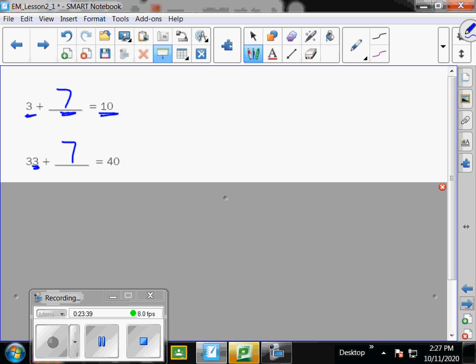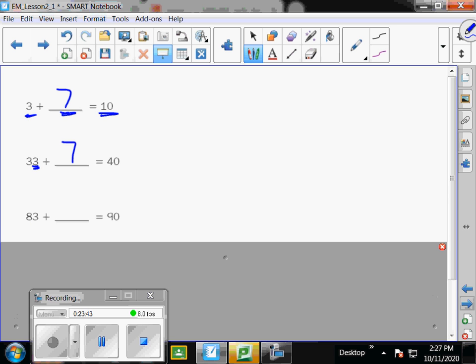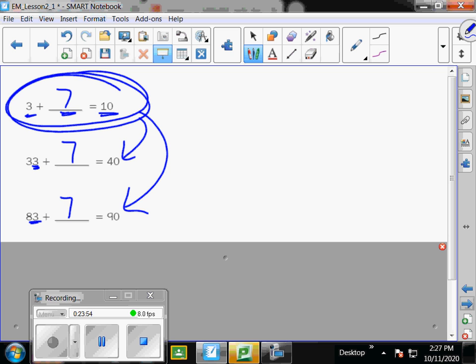What's the next 10 after 30s? It's 40s. Okay. And then again, 83, if you know that 3 plus 7 is 10, so this is the important problem that's going to help you to solve these problems, then you know that 83 plus 7 equals 90. Because see, we're just getting to that next 10.